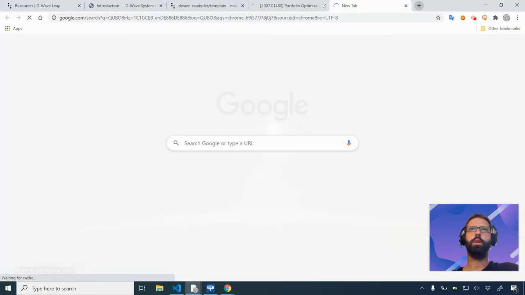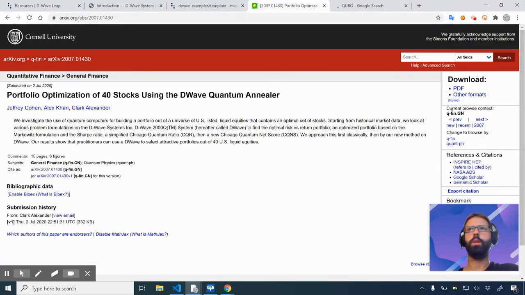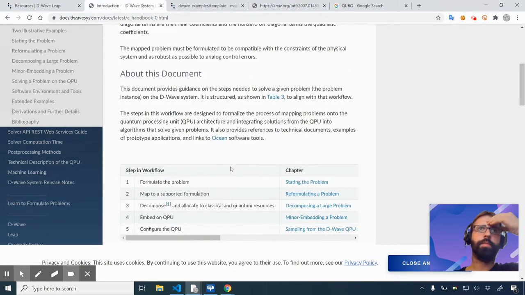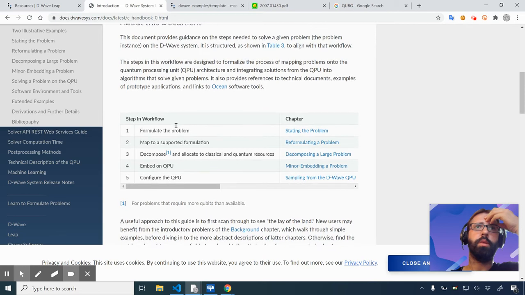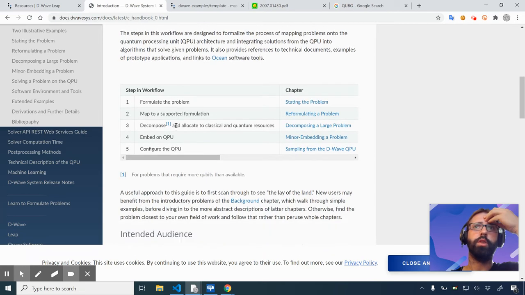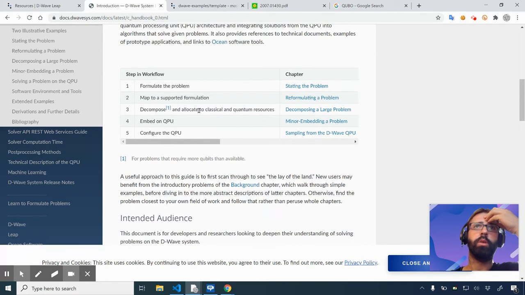So we'd better take a look at these a bit more in detail. Guidance steps: formulate the problem to support formulation, decompose and allocate to classical and quantum resources, and embed on a QPU or configured QPU.